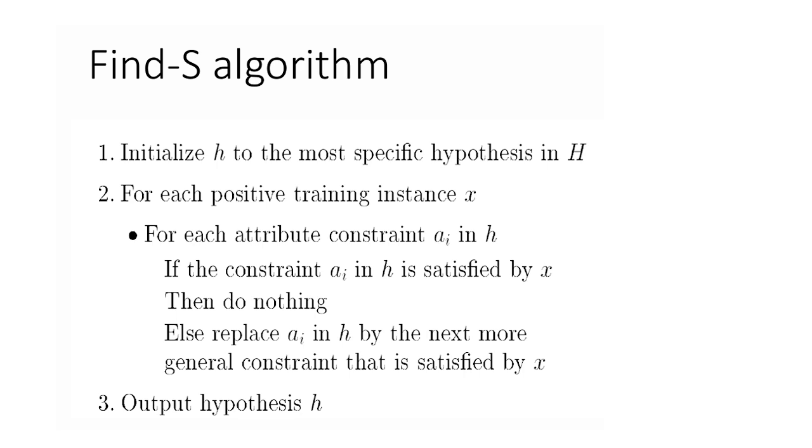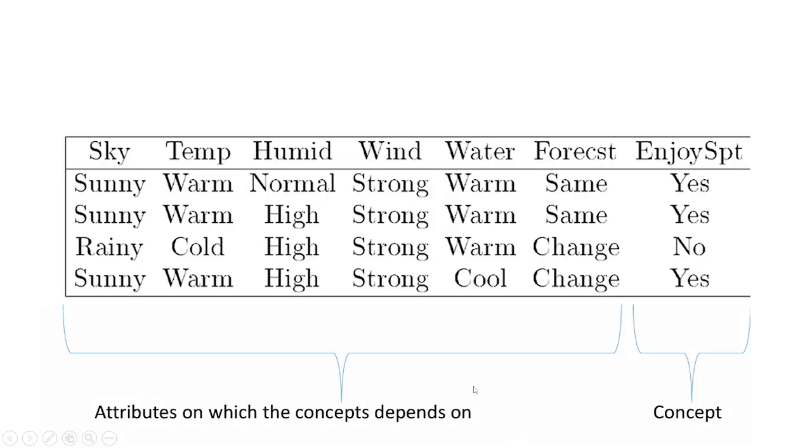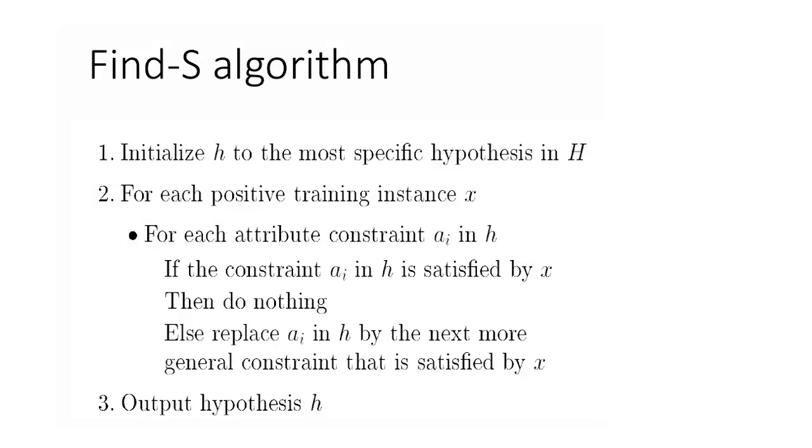Then you visit each and every instance of the dataset. There are positive and negative examples. In our example, we have to visit this one and this one. You have to ignore the negative examples, as they do not affect it. You have to consider the instances which are positive.